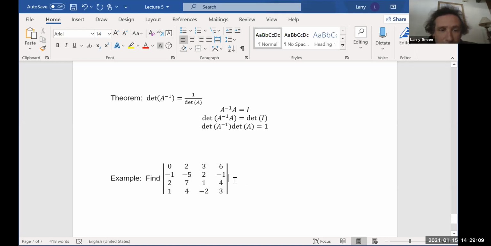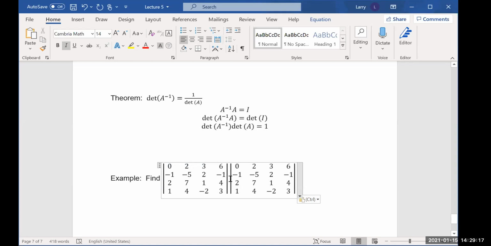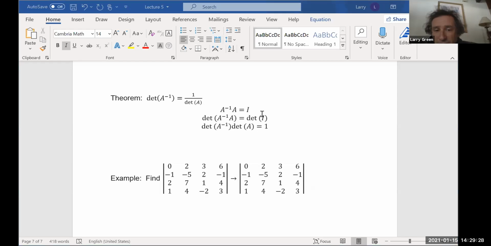So for example, what's the first thing you're going to do to RREF this matrix? Which row? Right, you're going to switch rows. Which rows are you going to want to switch? 1 and 4.